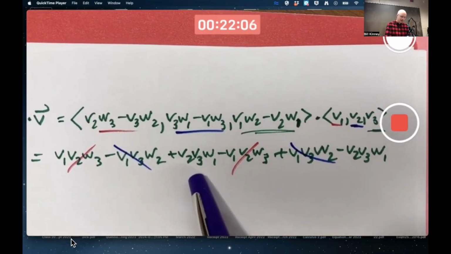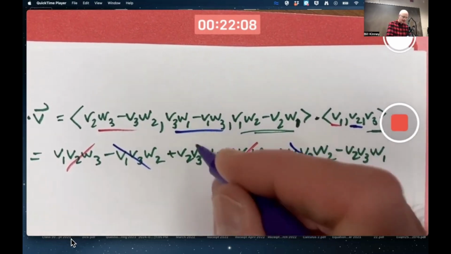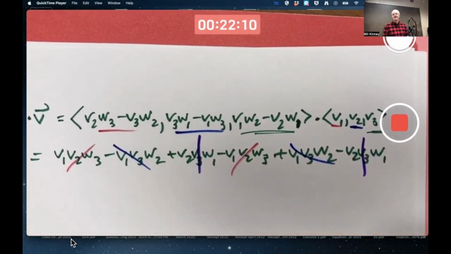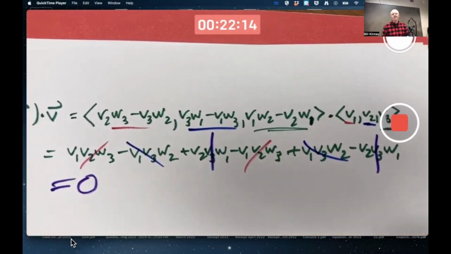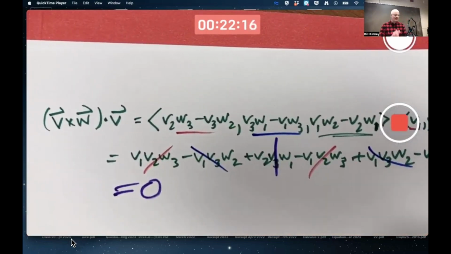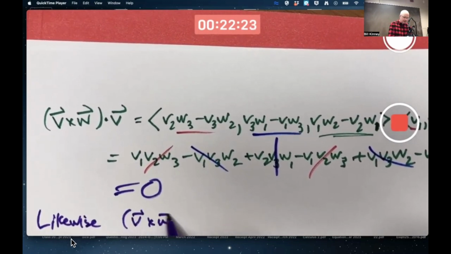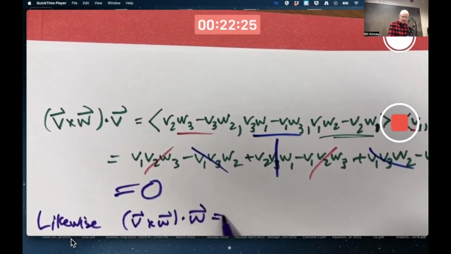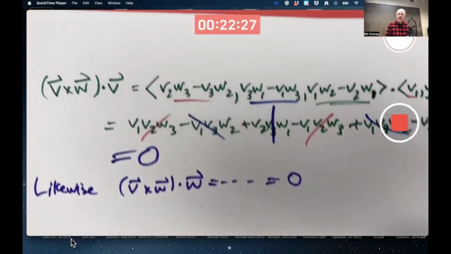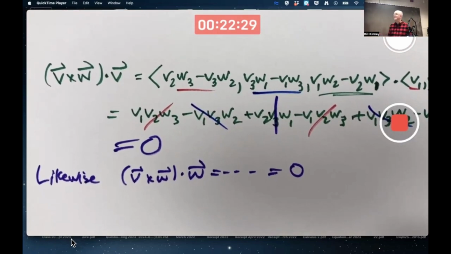And V2 V3 W1, here and here cancel. You get 0. Likewise, V cross W dotted with W, if you showed all the work, would give you the number 0. In other words, V cross W is orthogonal to both V and W.